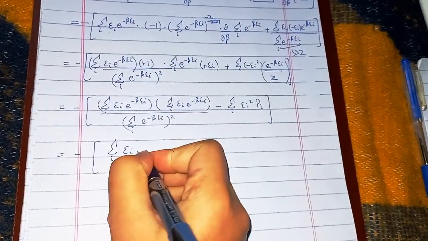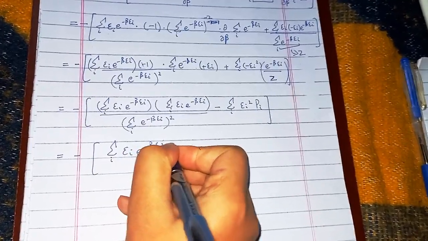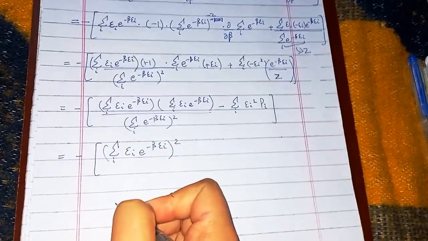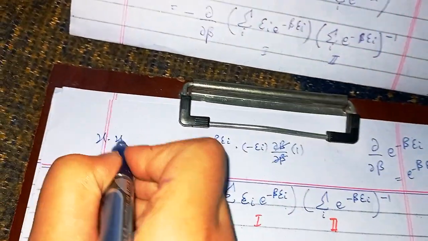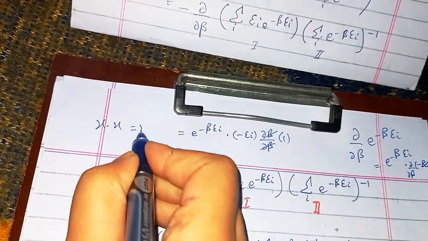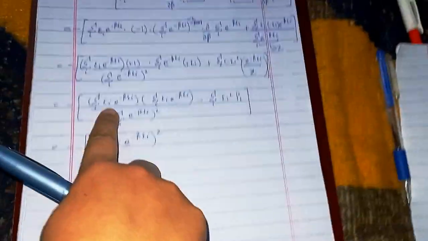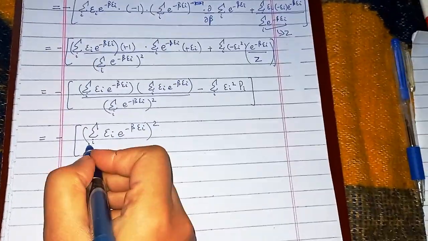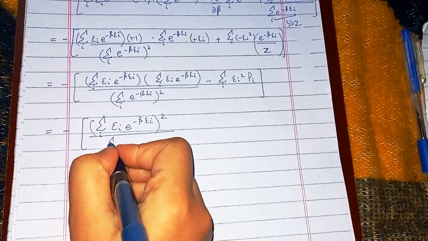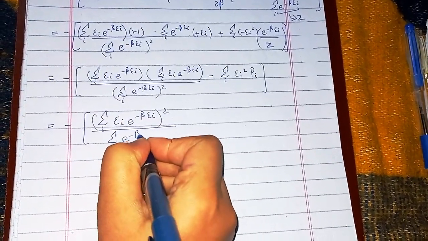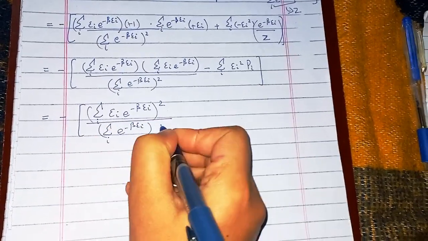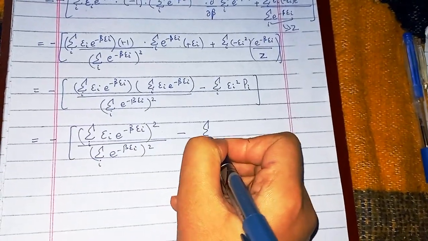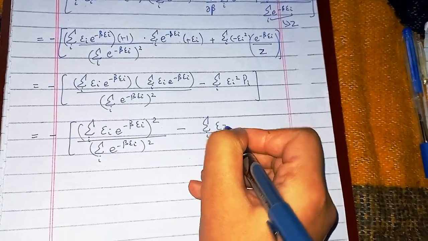We can write them as the whole square of this term because they are both the same terms. When we have x dot x, when they are both the same, we can write it as x square. Similarly, since both of them are the same terms, we can write them as the whole square: e to the power minus beta ei whole square minus ei square pi.